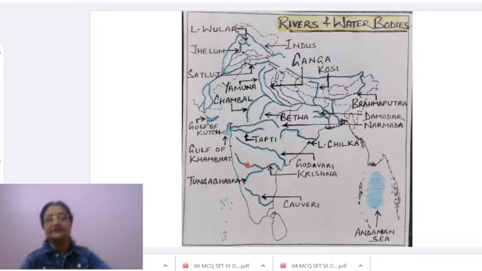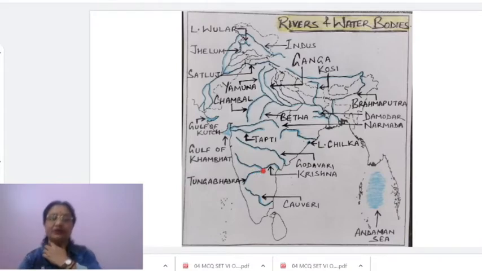Now after this, the third river in the peninsular region is Krishna. This is the Krishna river. Once again, one tributary of Krishna you have to mark here, and that is actually Tungabhadra. You can easily mark this. You can very clearly see it is joining from the south.